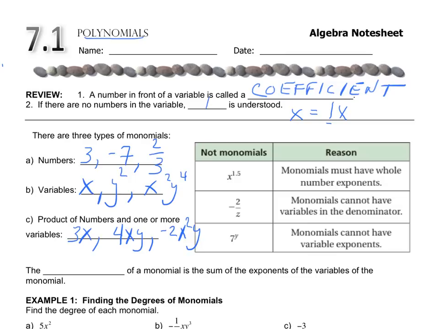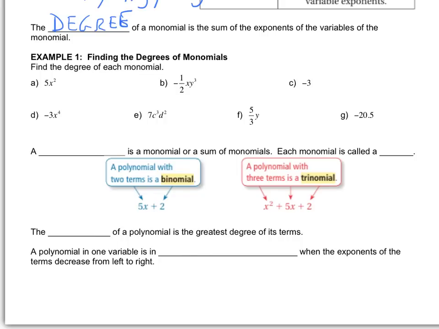The degree of a monomial is the sum of the exponents of the variables of that monomial. Well, what does that mean? In example 1, looking at letter A, 5x squared. When I focus on just the variables, I have the second power here, which means that the degree of letter A is the second degree.